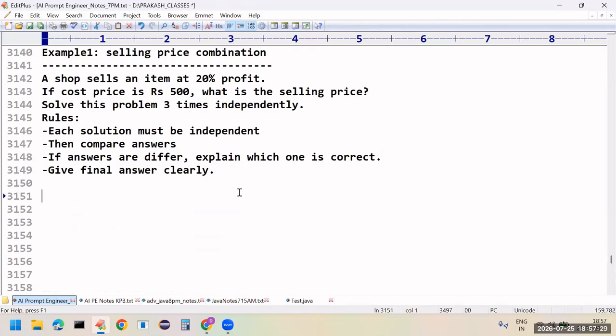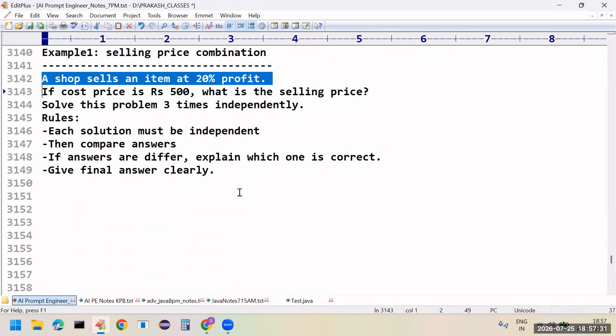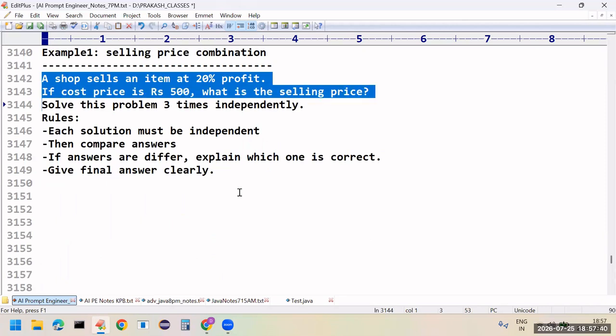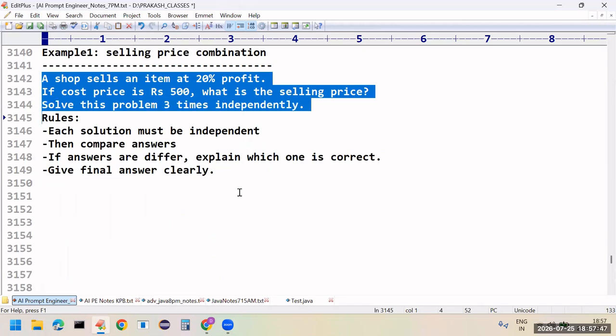Now observe carefully. A shop sells an item at a 20% profit. So one item is there, he is going to sell it with a 20% profit. If the cost price is 500, what is the selling price? Solve this problem 3 times. I am not directly asking for a review kind of thing.